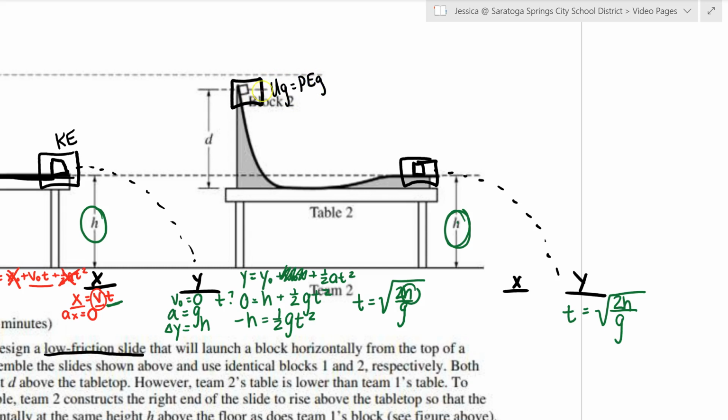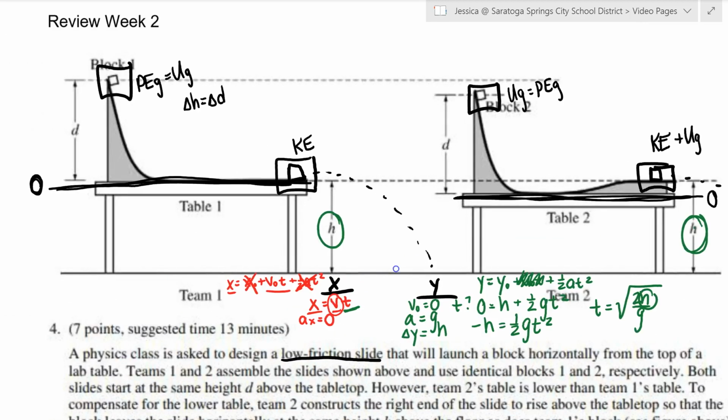And while block 2 does have a change in height of d, much like block 1, block 2 rises back up a little. So at this position here, we have kinetic energy and some potential energy because, again, I'm calling this tabletop height my 0 height. So if we're slightly above that tabletop height, we're going to have some potential energy.